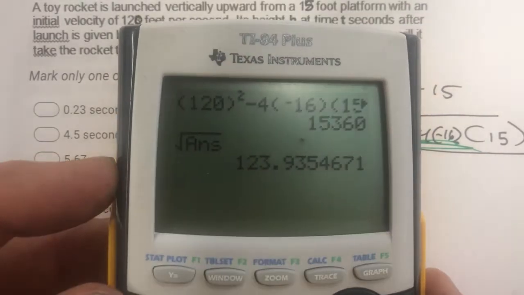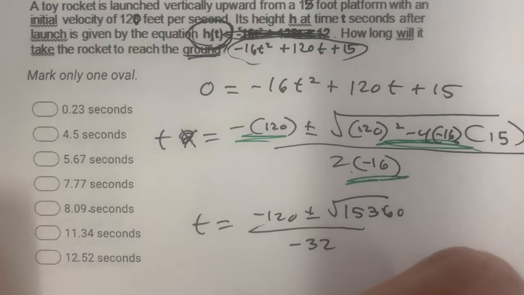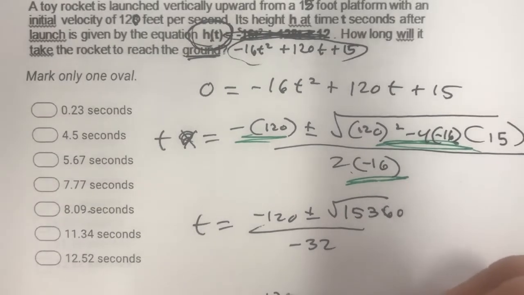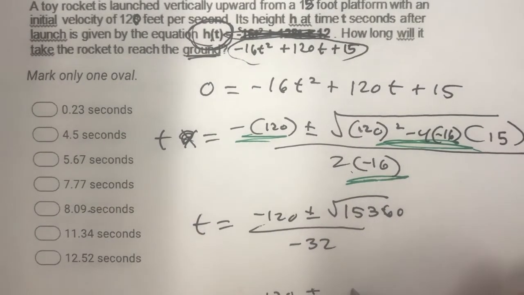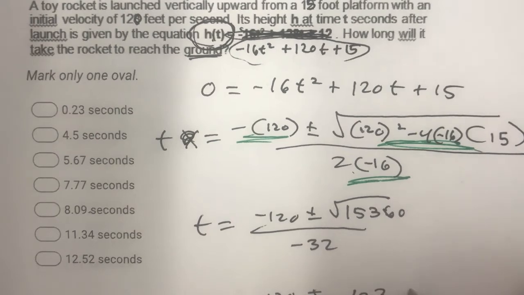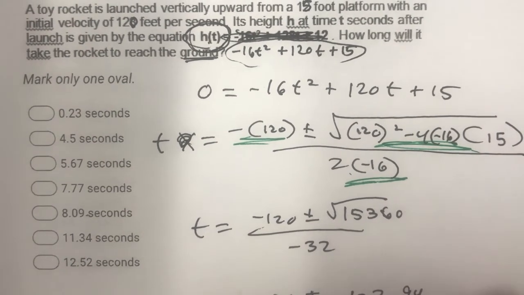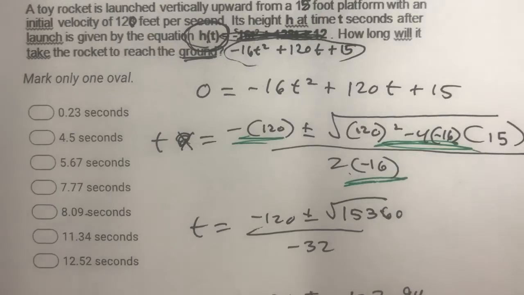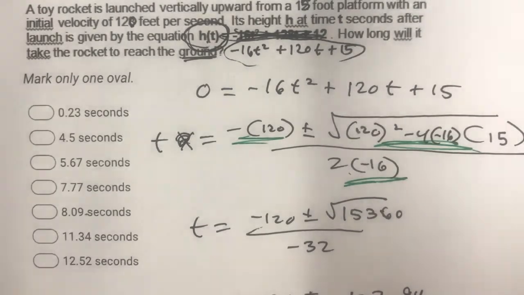That's 123.94. And down here I got negative 32. Now there should be two answers.